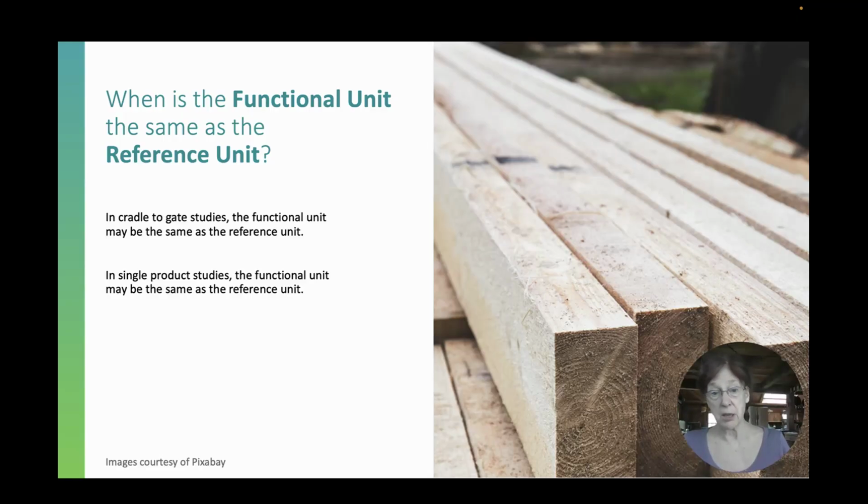They might be used to support something. You might make furniture out of them. There's all kinds of things. And so an LCA of these 2x4s doesn't make sense to go all the way through to end of life unless you're going to be studying a wall system or a piece of furniture. So if we're not going to be studying all the way to end of life, then let's use a reference unit. And we might use a 2 by 4 by 10, for example.